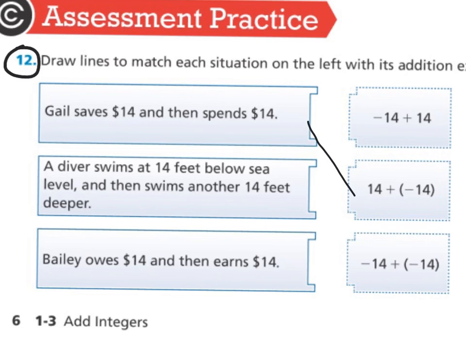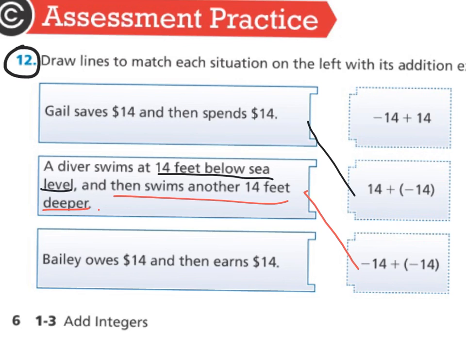Having saved $14 and then spending $14. Second one, a diver swims at 14 feet below sea level, then swims another 14 feet deeper. So that would actually match with the bottom choice here. So hopefully this will match with the one we've got left.